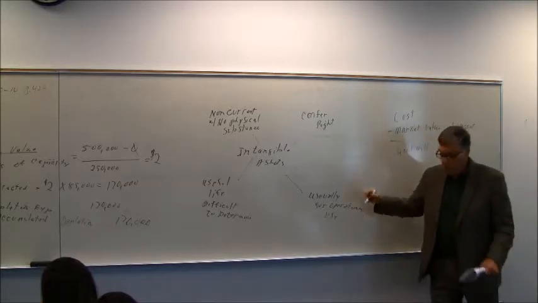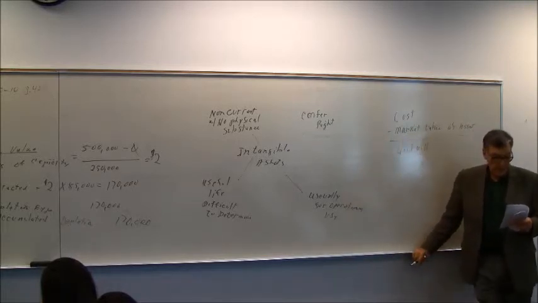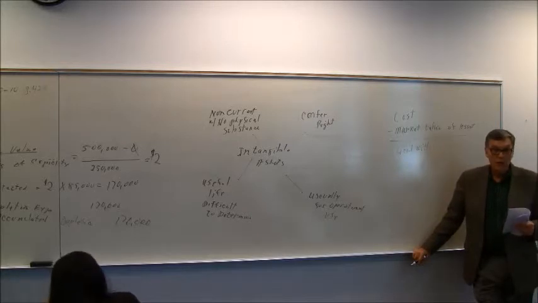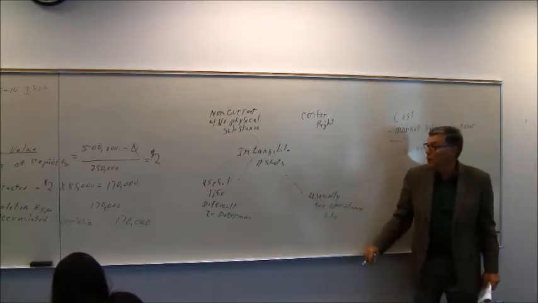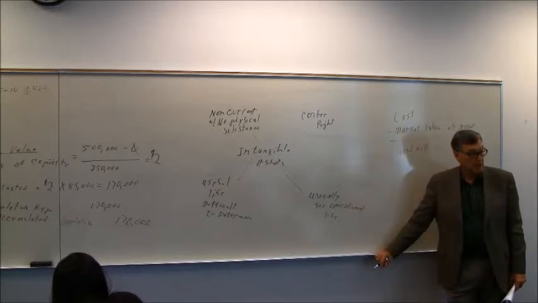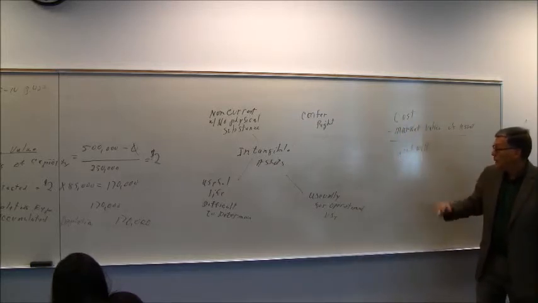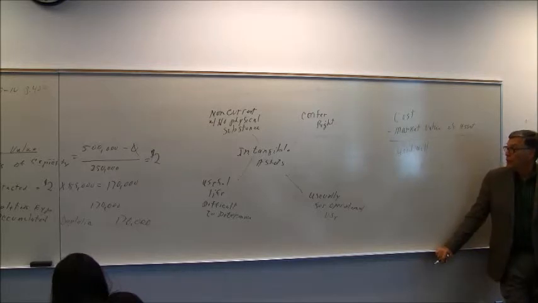Now, if you have something like a patent or a copyright, often it's amortized, and amortization is the same as depletion and depreciation, except it applies to intangible assets, and you often amortize it on a straight line basis. Goodwill is an exception. With goodwill, you have to amortize it based on impairment.